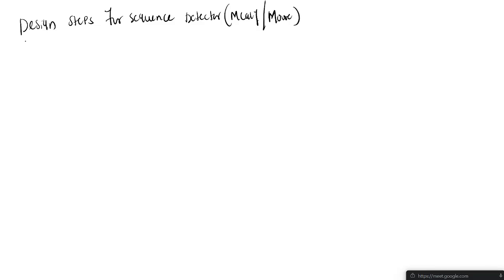First we will see the design steps. These are common for both Mealy and Moore sequence detectors. Step one, you need to draw the state diagram. Next, you need to write the state transition table, the state table with output.